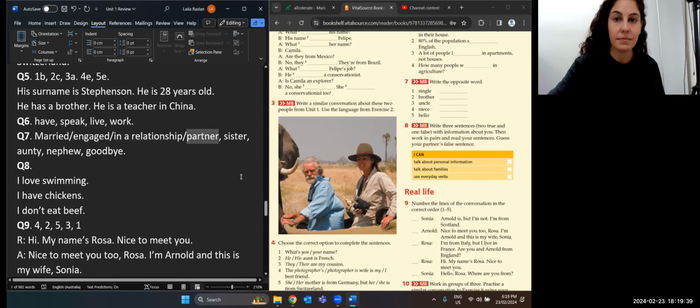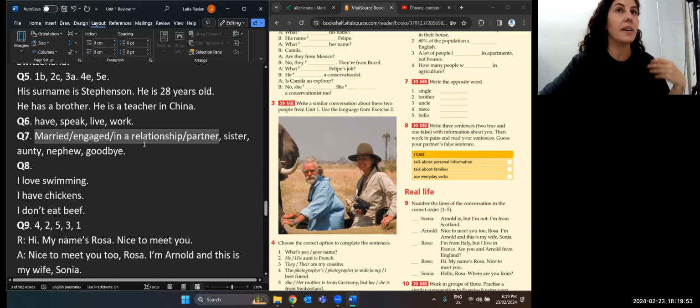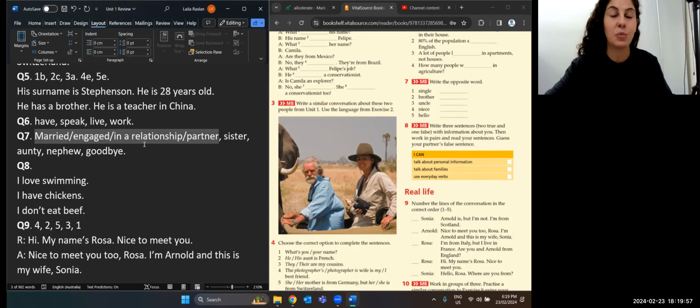I have a partner. So they're all the same ways to talk about if you're with someone. The opposite of single. Or you could just say, I'm with someone. Remember, I'm seeing someone. I'm dating someone. Or I'm getting to know someone. That's another way.